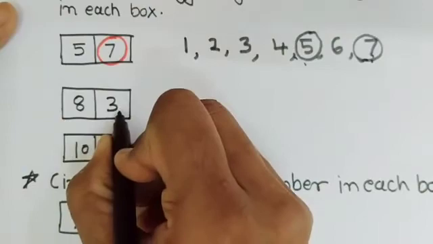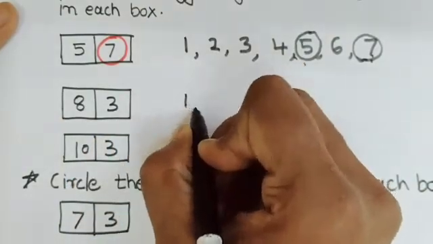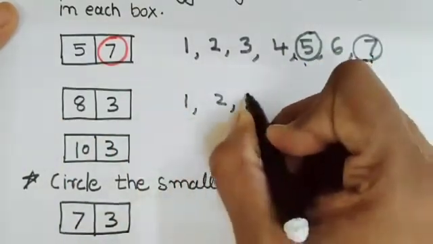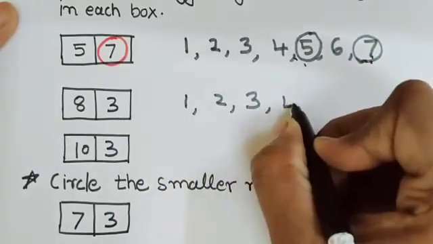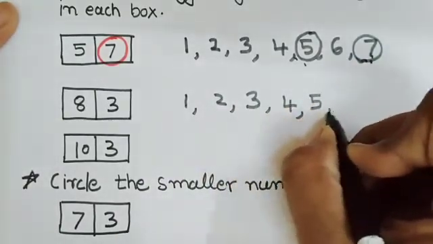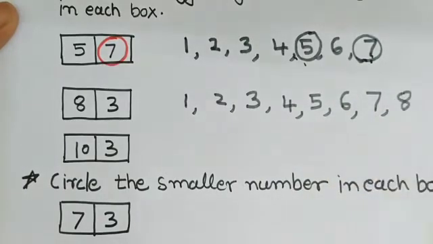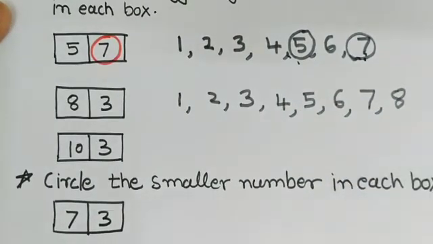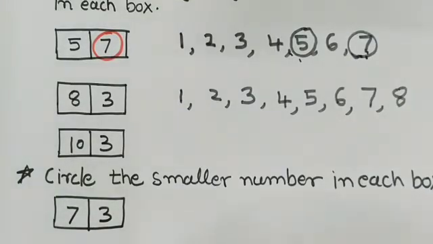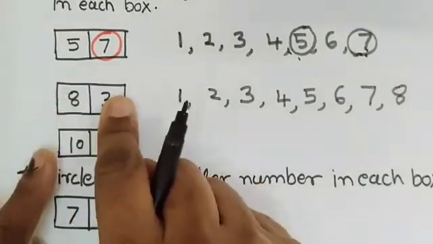Here we have 8 and 3. So we have to write the numbers till 8. Now children, tell me which number will come first and which number will come afterwards out of these two.